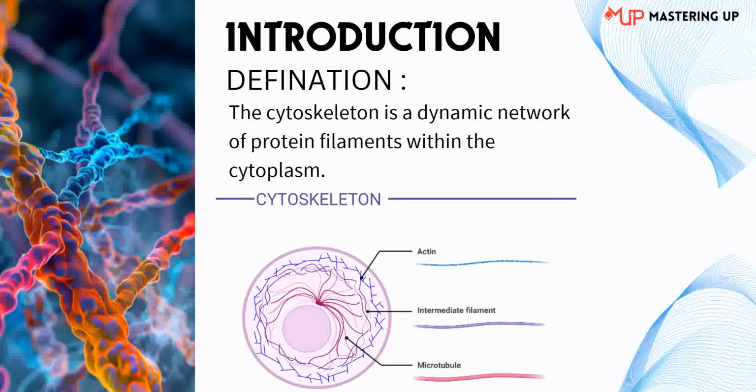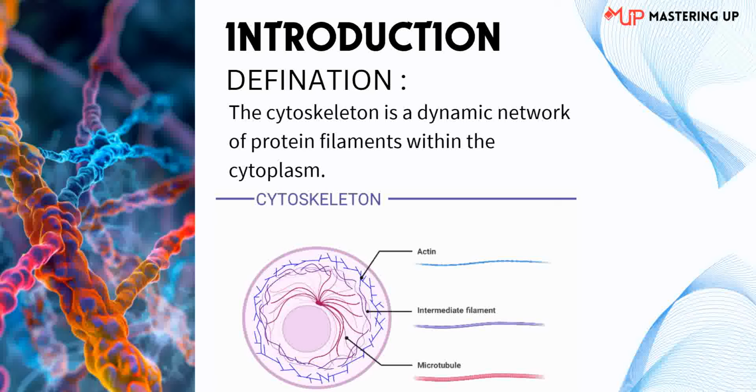Introduction to the cytoskeleton. Before we dive into the specific functions of the cytoskeleton in plant cells, let's take a moment to understand what the cytoskeleton is. The cytoskeleton is a highly dynamic and complex network of protein filaments found within the cytoplasm of a cell.